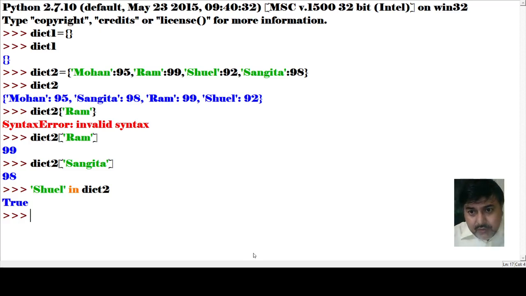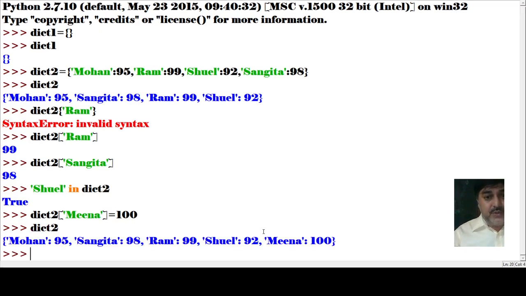Before the new name, we have to mention the particular structure. So DICT2, then the third bracket, suppose I am giving here 'Meena', then close the bracket, equals, suppose I am giving here 100. If I give it, it has been accepted. Now if you print DICT2, see, Meena is there, so it has been added.